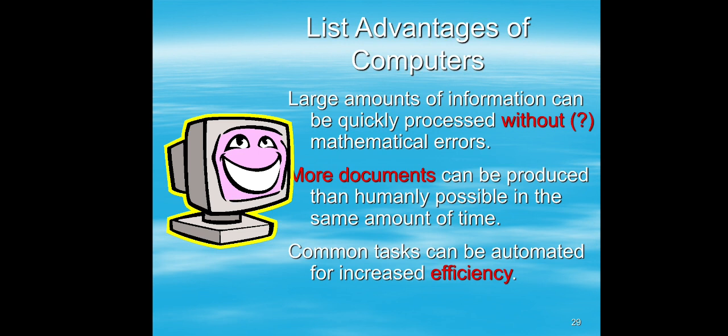Common tasks can be automated for increased efficiency. If you use computer, common tasks like sales can be done automatically. It's like you go to a big supermarket, the sales is recorded when the cashier scans your item. You purchase rice or sugar, and the cashier scans your item.